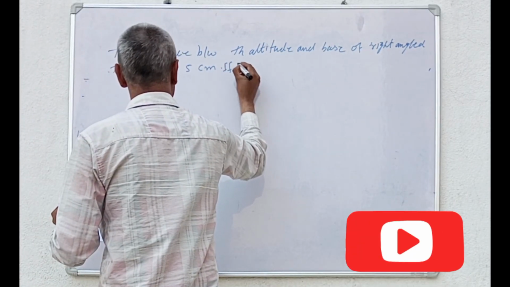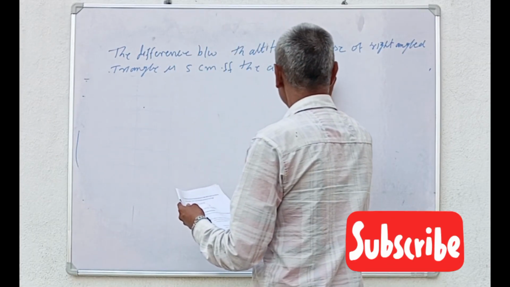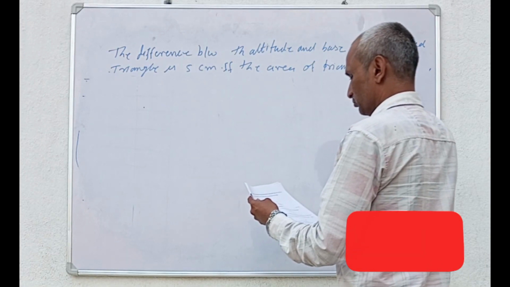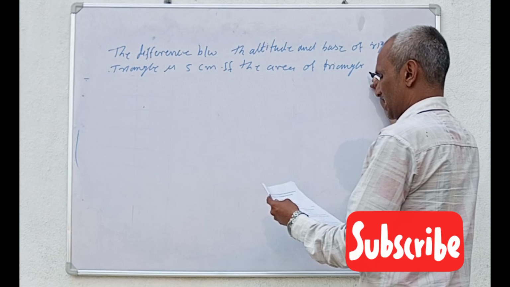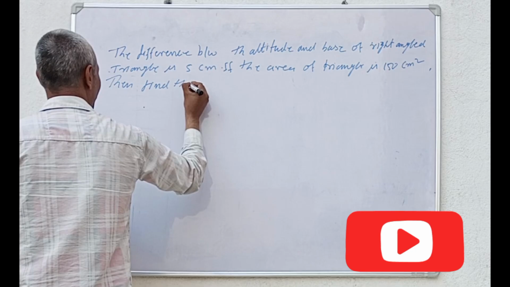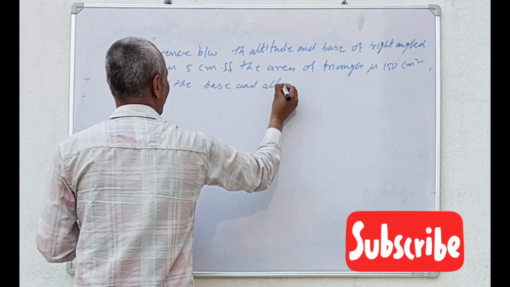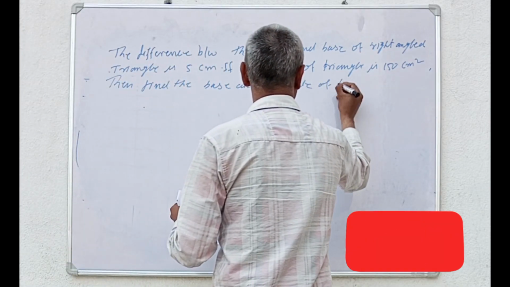If the area of the triangle is 150 centimeter square, then find the base and altitude of the triangle.